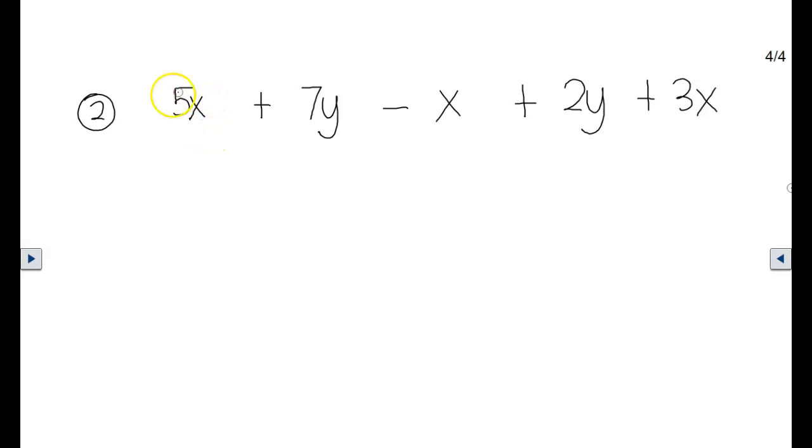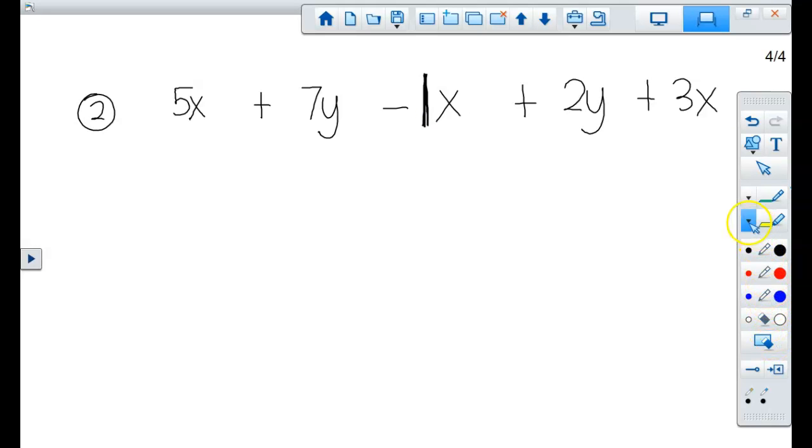So you'll notice that is 1, 2, 3, 4, 5 terms. I'm going to simplify this expression by combining the like terms. Now before I do that, I want to point out one quick thing here. This x in the middle of the problem doesn't have a coefficient. So I would suggest that you automatically put that invisible 1 there, so you'll remember that and combine these correctly.